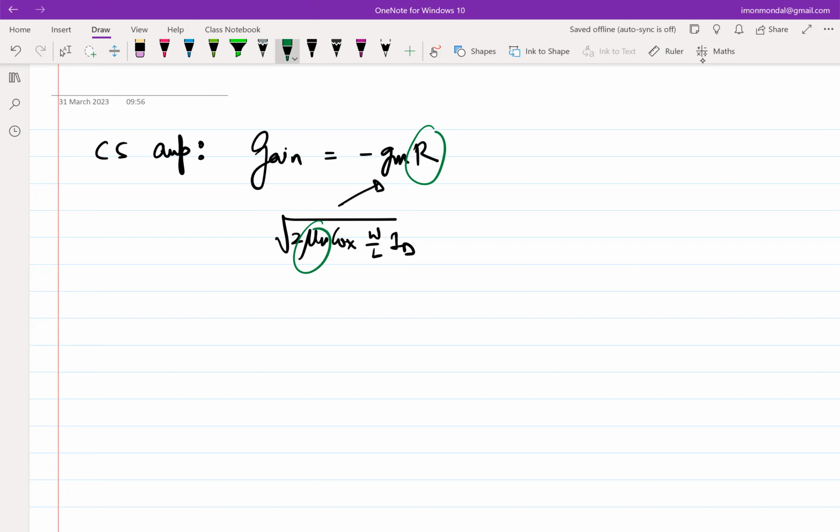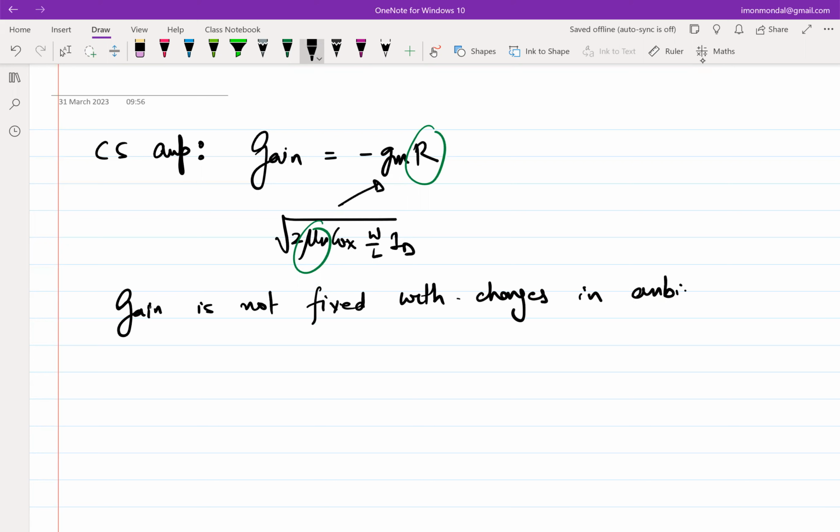So the moot point that I am getting to here is that the gain is not fixed with changes in ambient conditions.